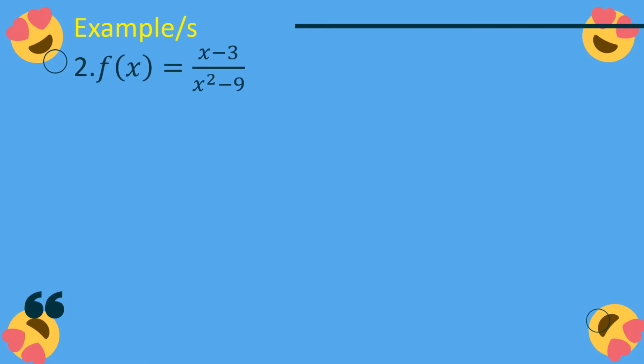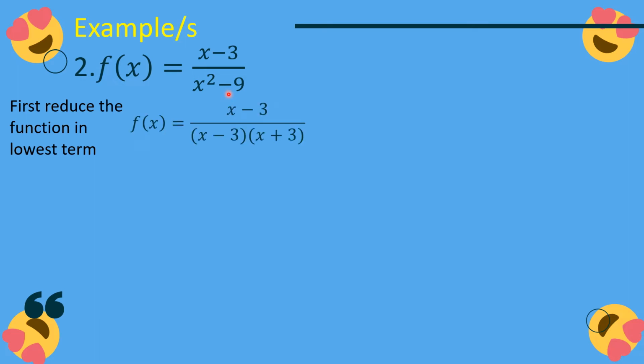Next, example number 2. F of x is equal to x minus 3 all over x squared minus 9. So, the first thing to do is titingnan muna ninyo kung naka-lowest term na ba yan. Kasi ang first step is reduce the function in the lowest term. Kung hindi pa siya naka-lowest term katulad niyan, i-reduce po natin.